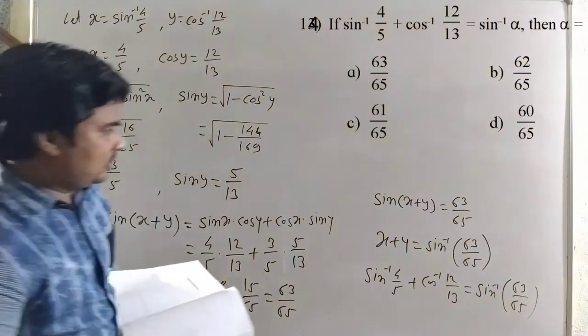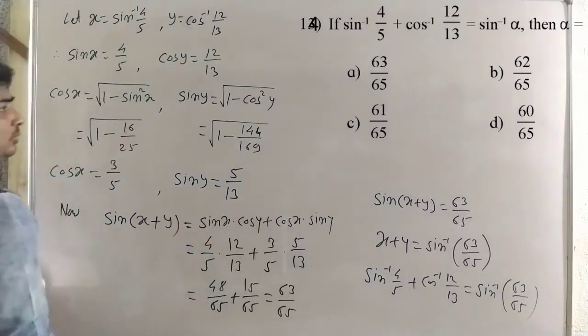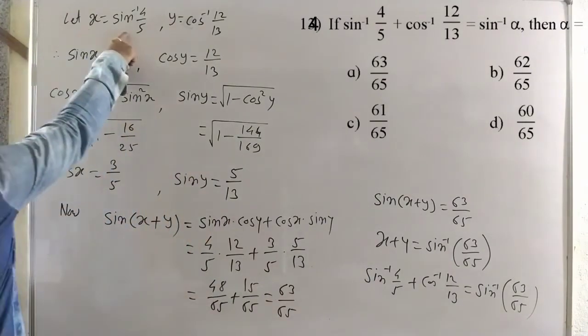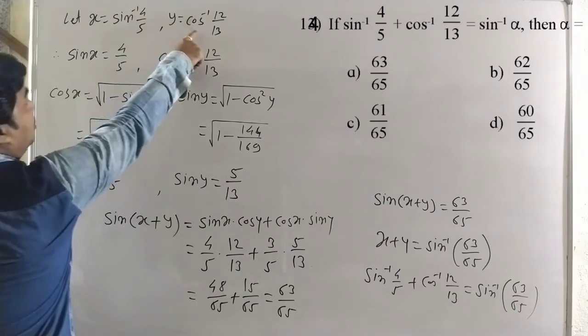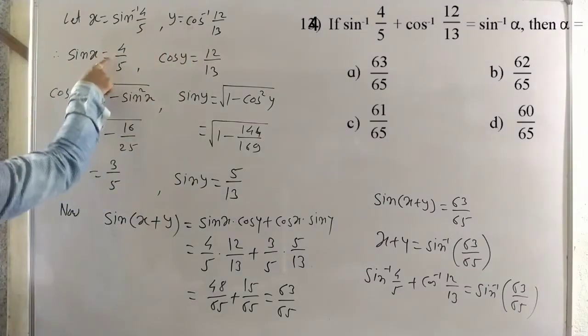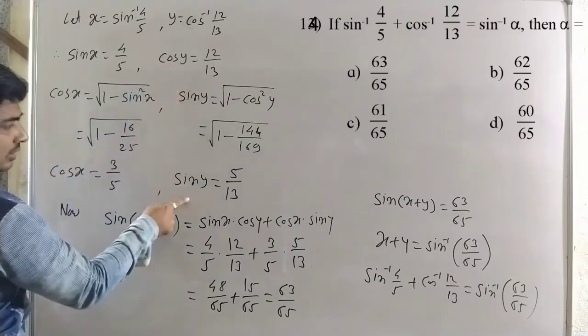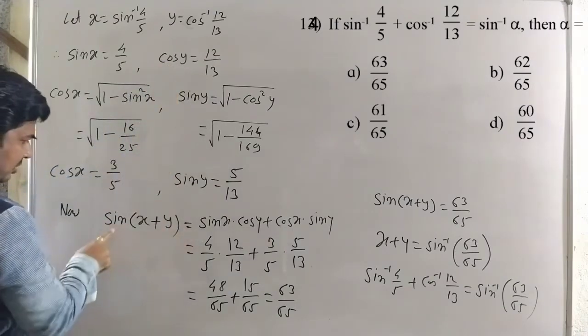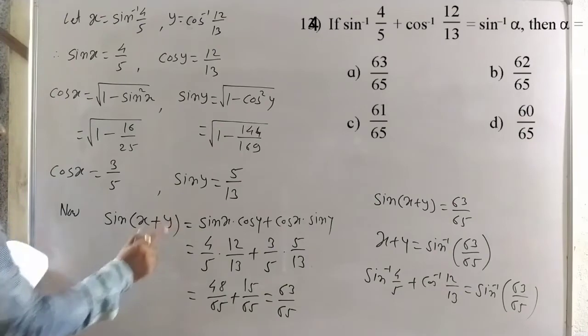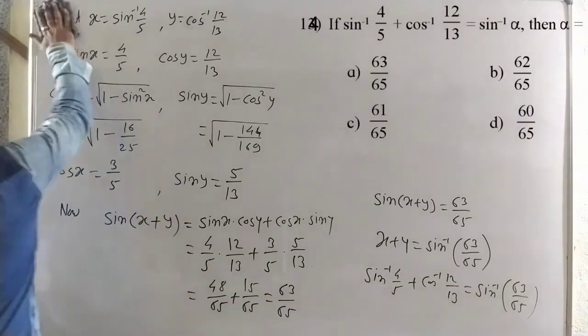Now the next question, see carefully this. x is equal to sine inverse of 4 by 5, y is equal to cos inverse of 12 by 13. Sin x is equal to 4 by 5. From sin x we find cos x, from cos y we find sin y, and then use sin(x plus y), that means we use the formula sin(a plus b).